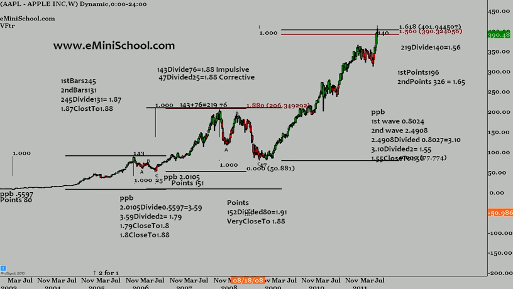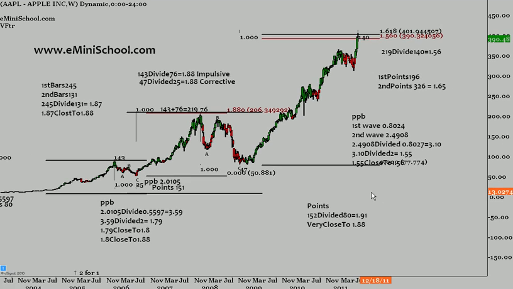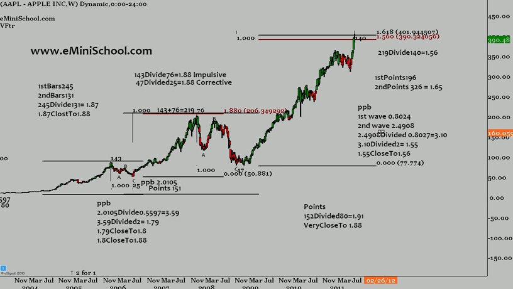Let's go, first off, from this low to this high, 143 plus 76 equals 219. So that whole leg was 219. From this low, this whole move is 140. 219 divided by 140 gives us 1.56.